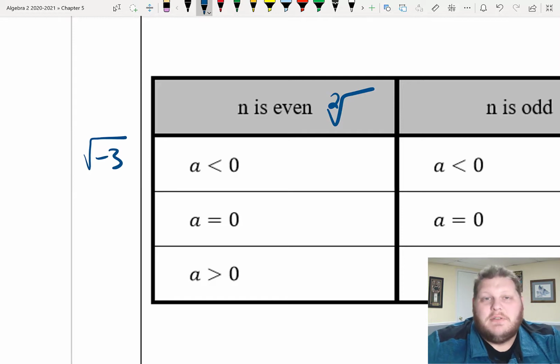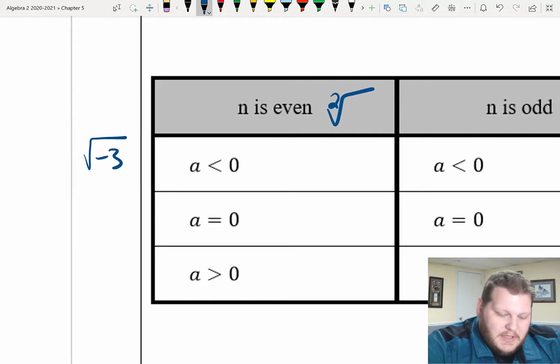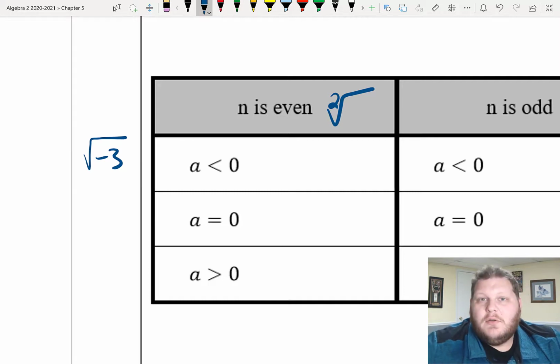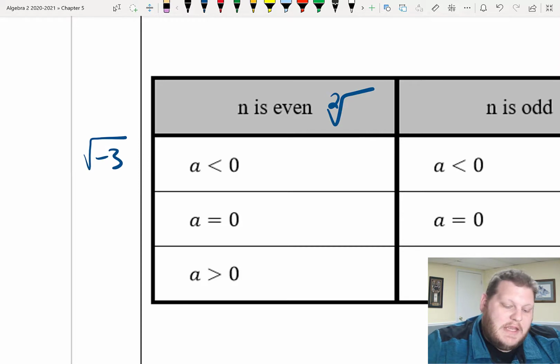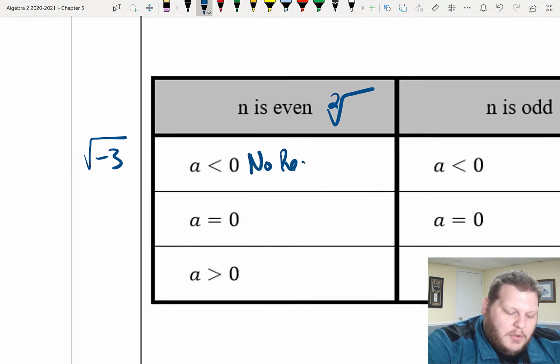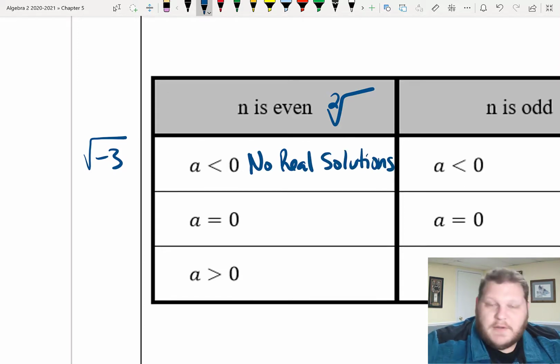In this case, since we're dealing with roots right now, we want to just deal with real solutions. So if I'm dealing with even roots, not just square roots, and I have an a value, a number inside that radical, that is less than 0, then there are no real solutions. Right? There's no number multiplied by itself that's going to make a negative number.